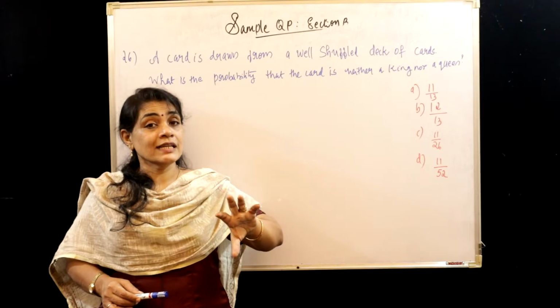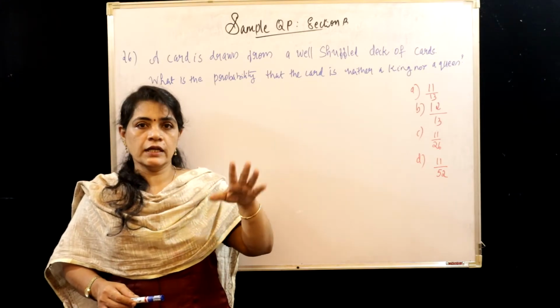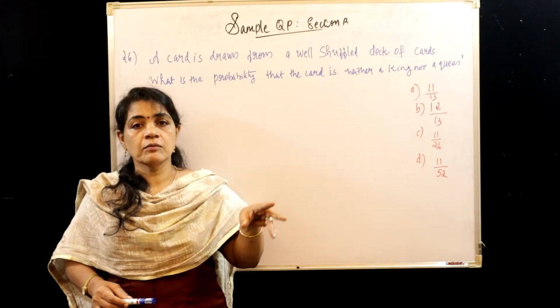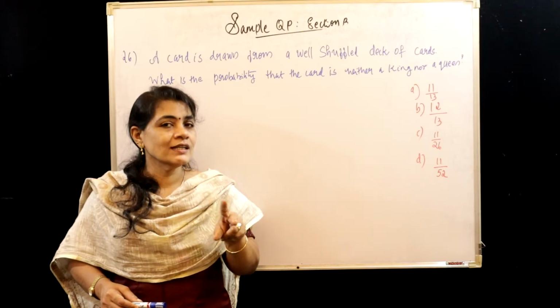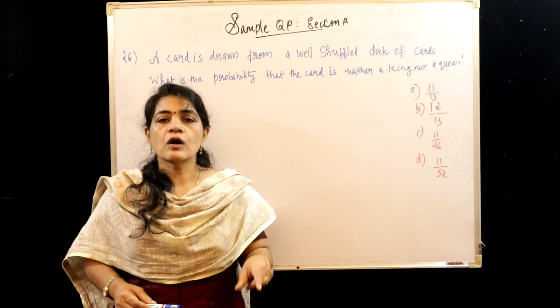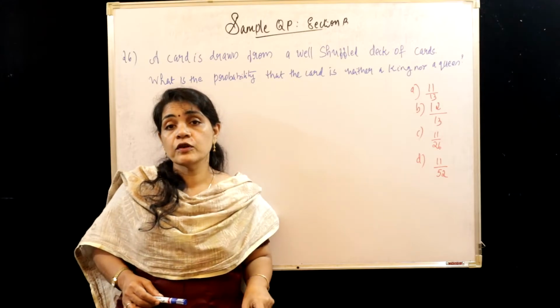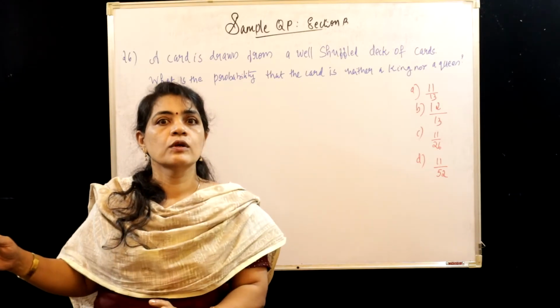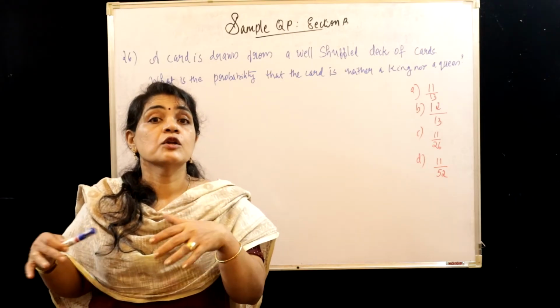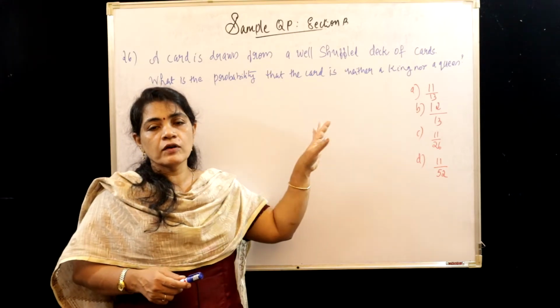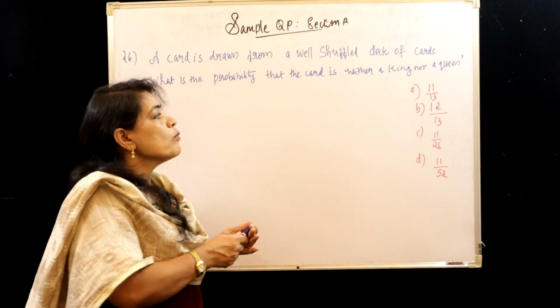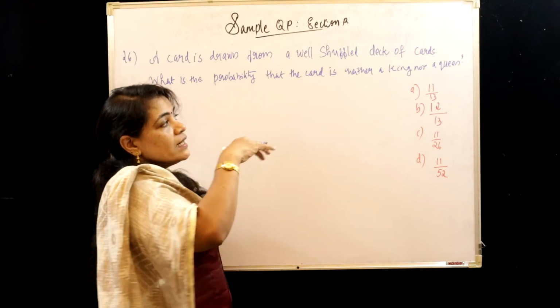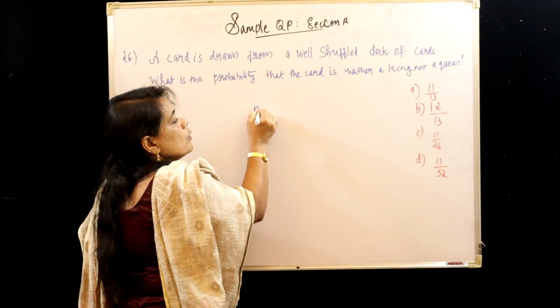It can be all other cards, 1 to 10, it can be a jack, it can be an ace. So the kings and queens should be excluded. Those cards are not favorable to us according to our question. We should get the probability that the card is neither a king nor a queen.